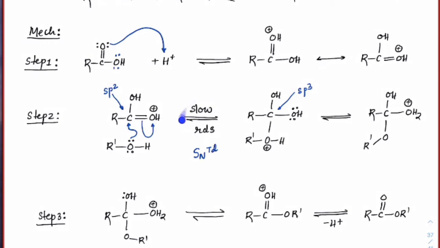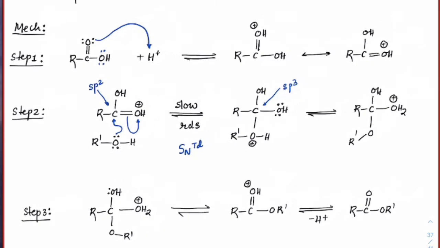That would be the rate determining step. So whether the reaction will go faster in the forward direction depends upon the stability of this intermediate complex. If this intermediate is more stable, the reaction would go at a faster rate. Now stability depends upon what R groups you are taking, right? If your R and R dash groups are very bulky, then they would have more repulsions and they would be less stable. Got it?